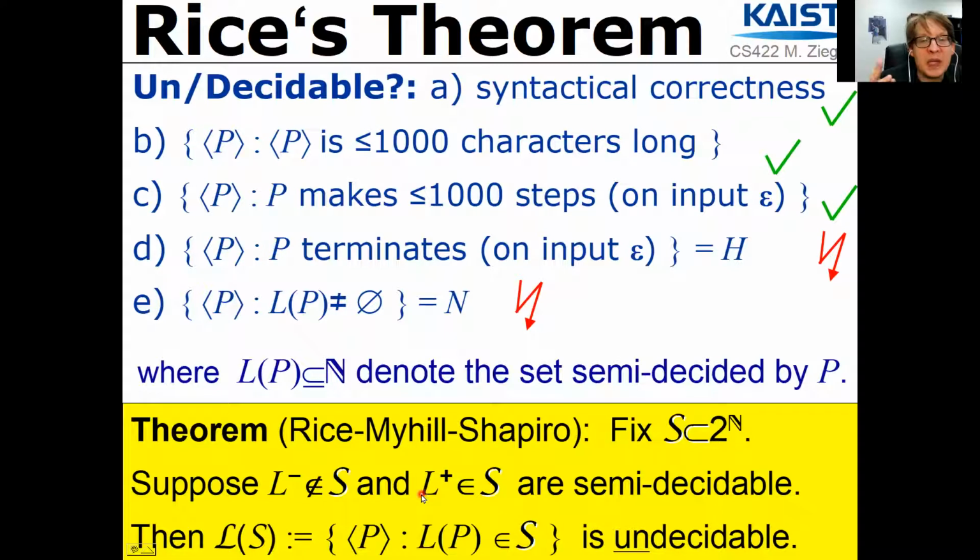So let me explain why we impose that condition. Consider as a collection of sets the empty collection, the collection that contains no set at all. Then this decision problem is decidable, because then the set semi-decided by a program never belongs to this collection, because this is an empty collection.